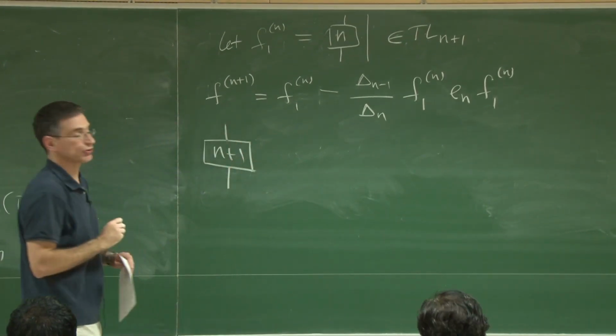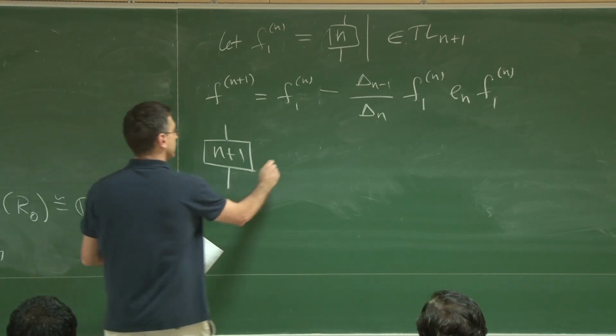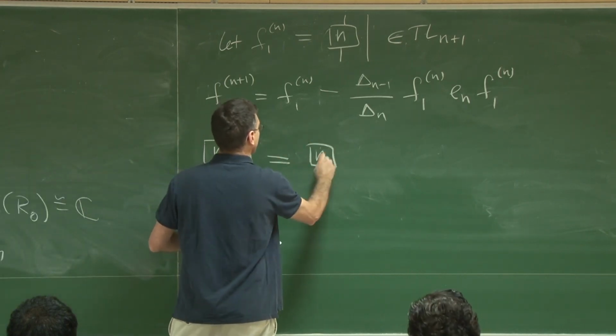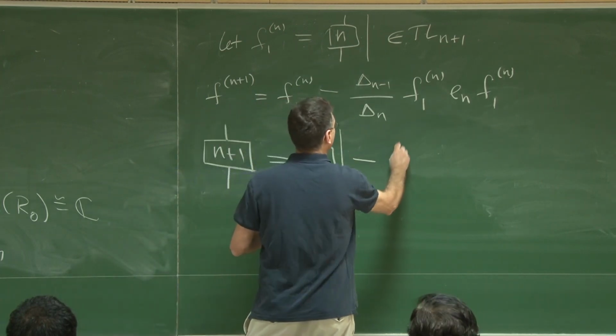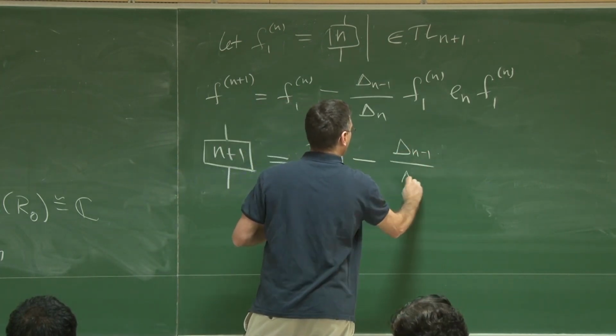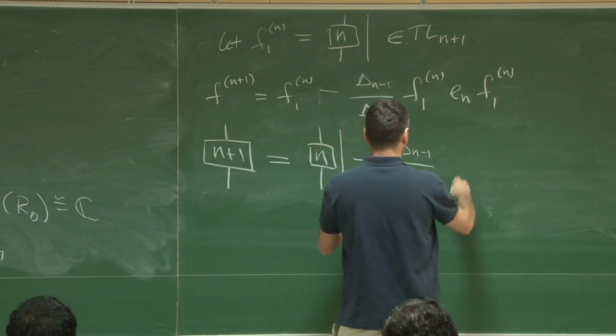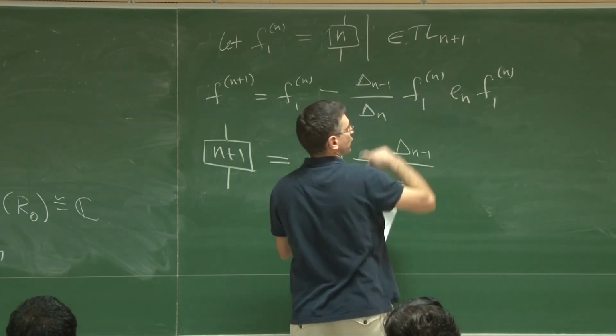The n plus first Jones-Wenzel idempotent is equal to the nth Jones-Wenzel idempotent with one more strand, minus delta n minus 1 over delta n, times this gadget. What is that graphically?